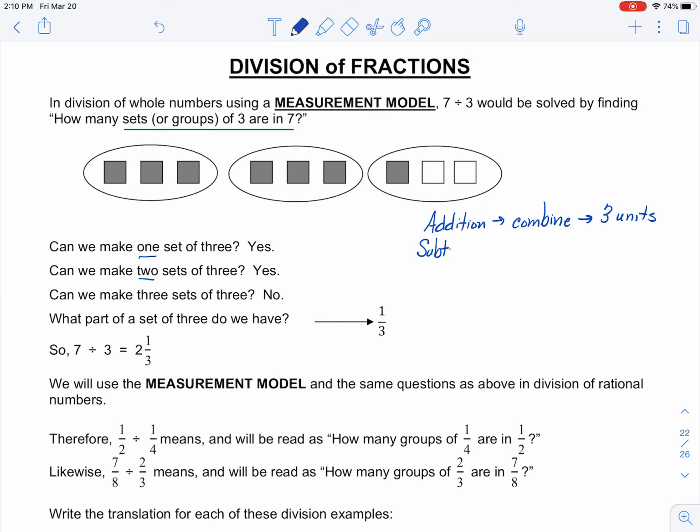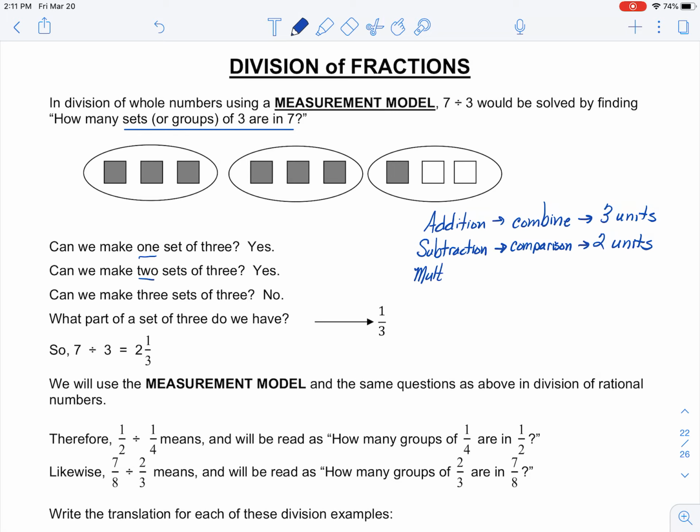And then subtraction, we're going to just need 2 units because we're going to use the idea of comparison, or how much more. So we will draw the first fraction in 1 unit, the second fraction in another unit, and then overlay the second fraction on top of the first fraction to see how much more is in the first fraction.